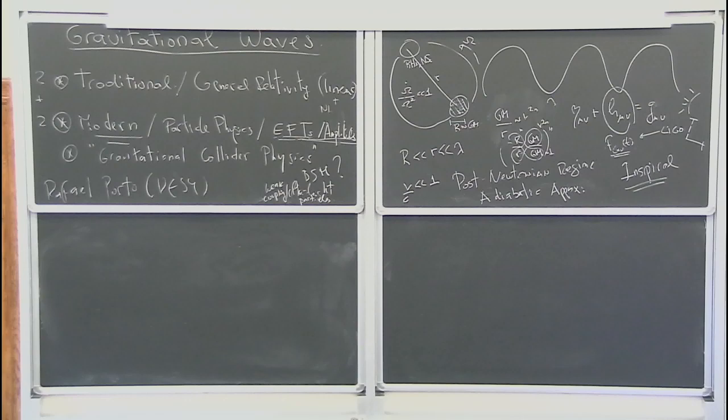Okay. I'll be very happy if you guys are interested, because I don't want to lose too much time. You will see things that probably you haven't seen, if you haven't seen gravitational waves. So I want to give you the traditional method, so you can also appreciate why the particle physics method is so much better. If you haven't seen the traditional, how do you know that the other way exists and it's better?